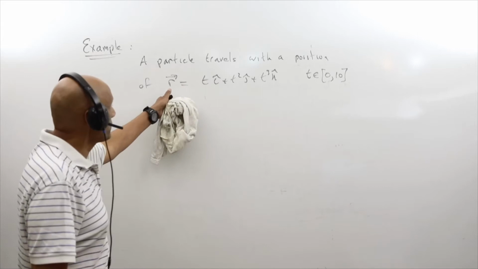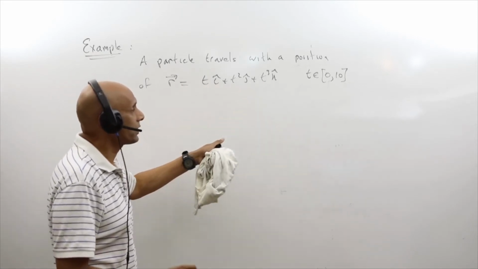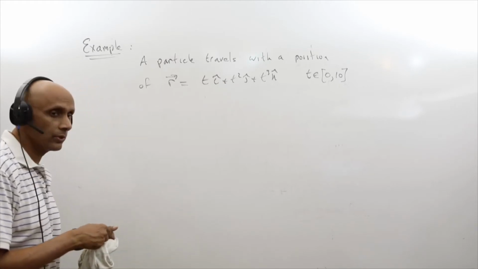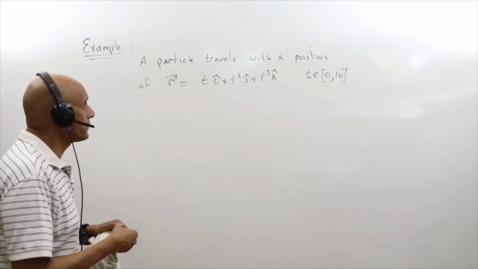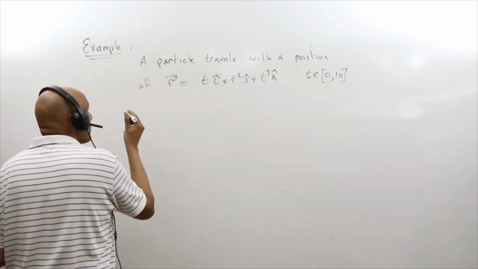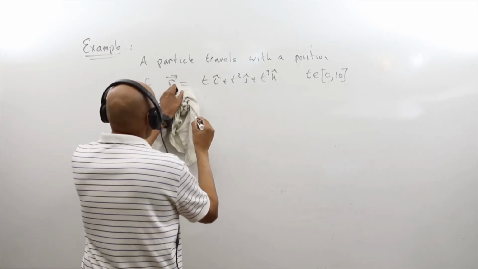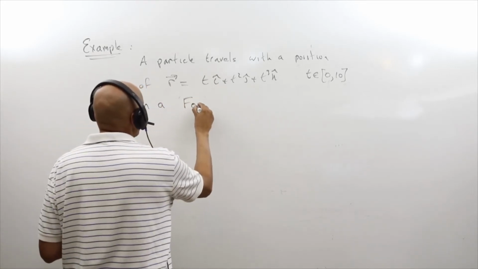So your position vector is t meters, t squared meters, t cubed meters. I'll be using standard SI units. I just won't put the units in until I need to do some calculations. The particle moves in a force field, sometimes referred to as a vector field.